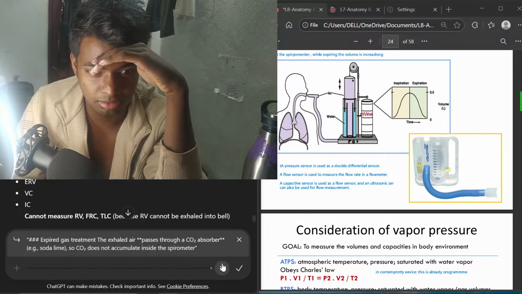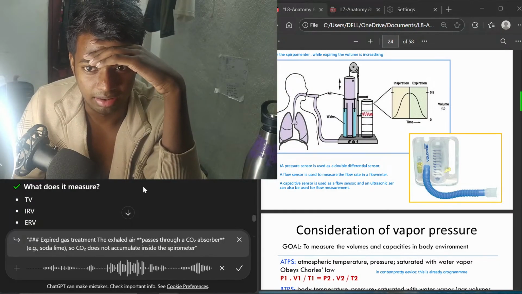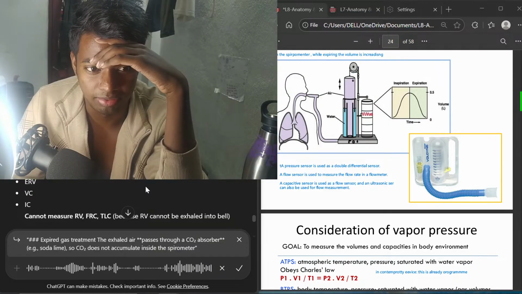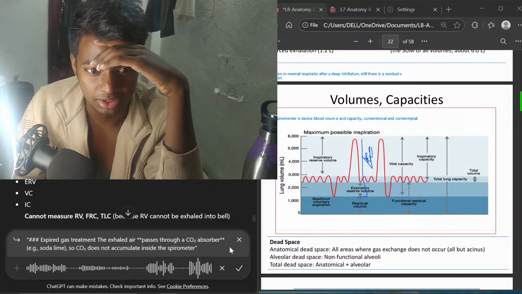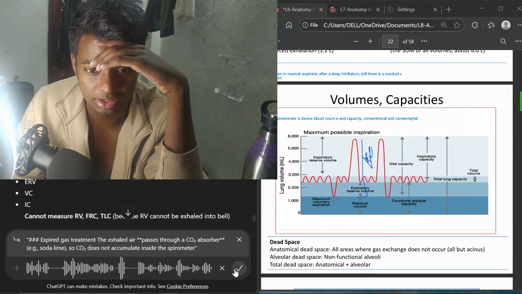So why do we need to do this? I mean, okay, by the spirometer we measure the air which can be taken in: the inspiratory volume, the expiratory volume, the vital capacity, the tidal volume, everything measured. Then why do we have to take the expired gas through a carbon dioxide absorber?